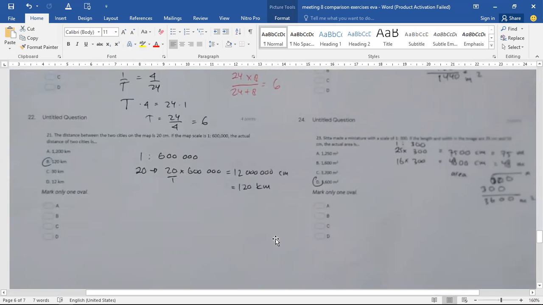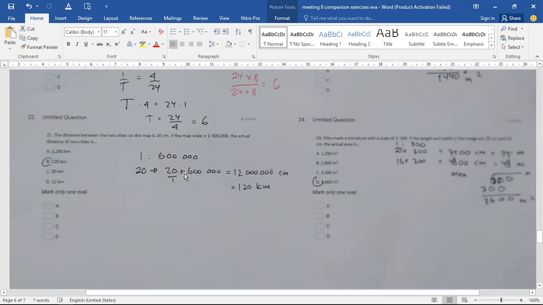Next, from number 20 to number 21, I think it's about a map. It's about scale. So here the distance on the map is 20 centimeters, and then the scale is 1 over 600,000. So the actual distance is like 1 is 600,000. How about 20?